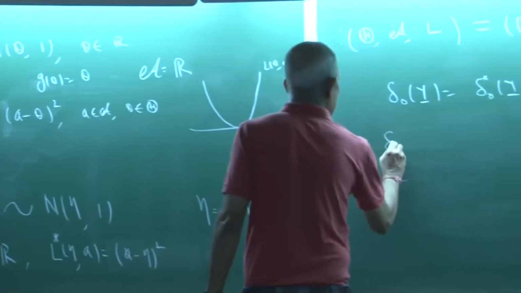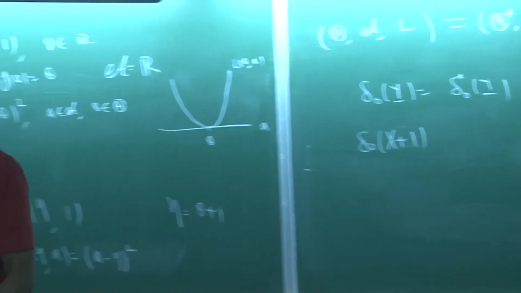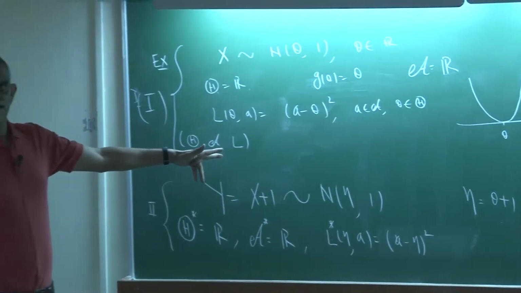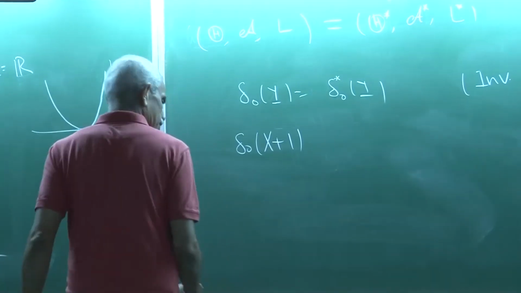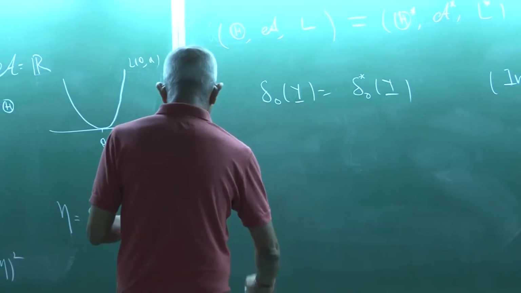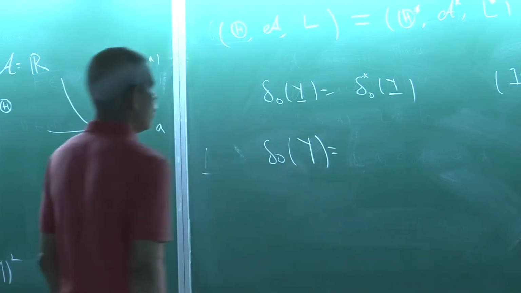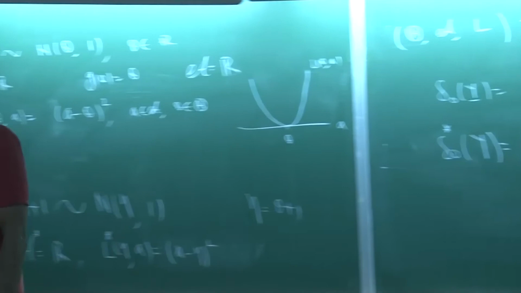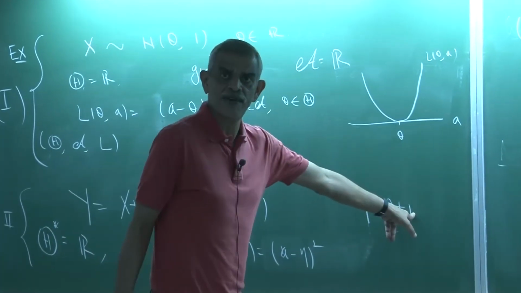So what should happen is, if you take delta naught based on x plus 1, delta naught star of y estimates theta plus 1.